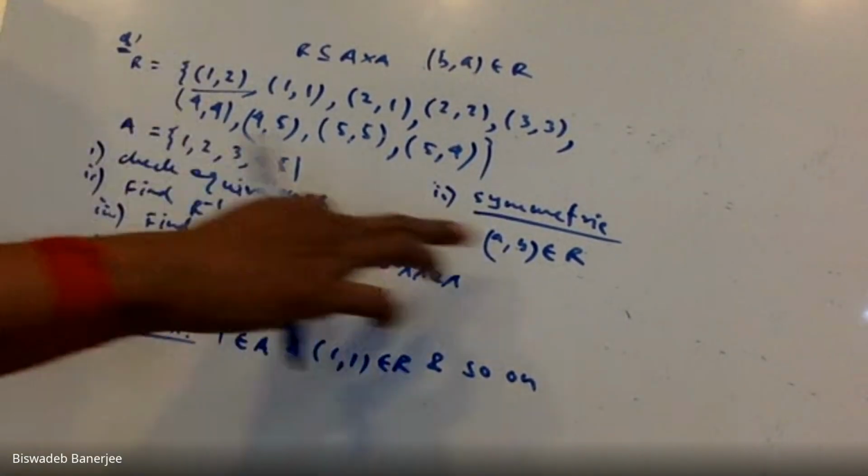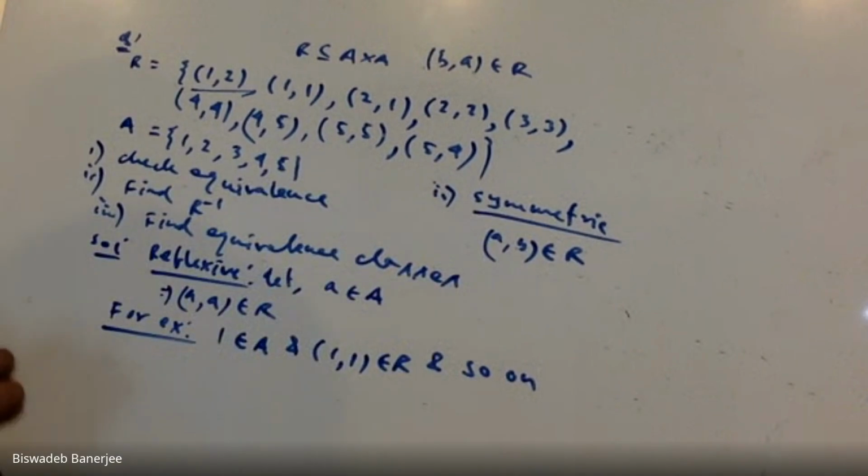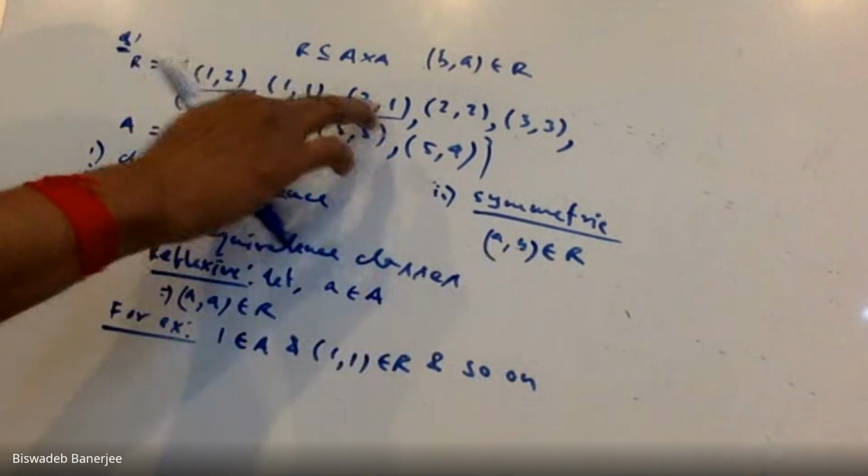So here (1, 2) belongs to the relation, and we see that (2, 1) is also in the relation. That means yes, the first criterion is satisfied: (a, b) belongs to R, (b, a) belongs to R.